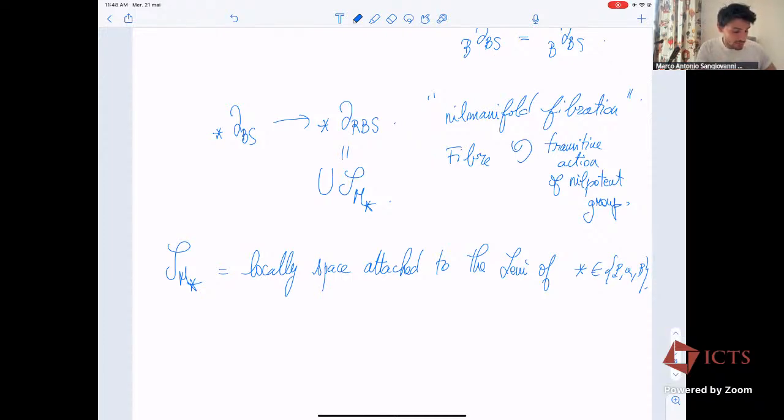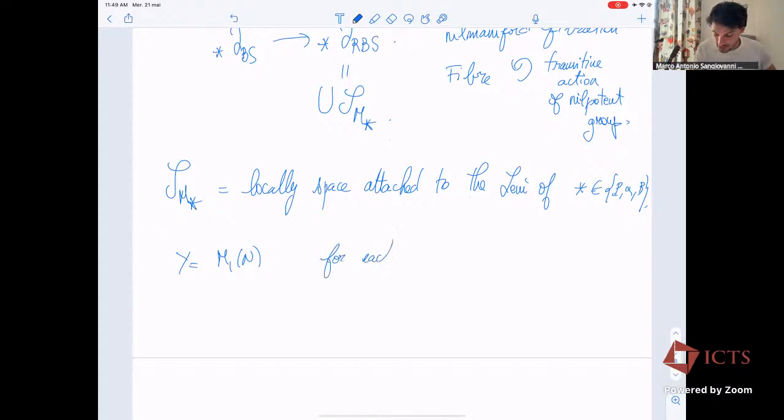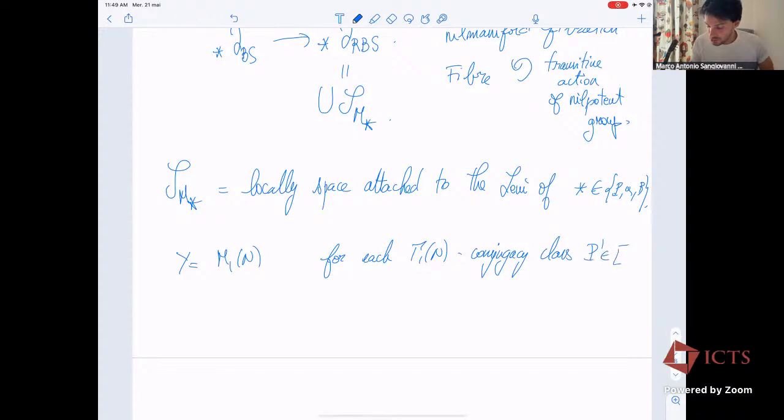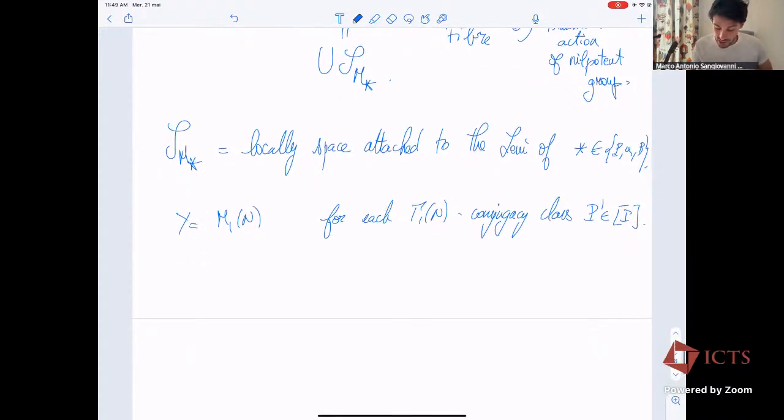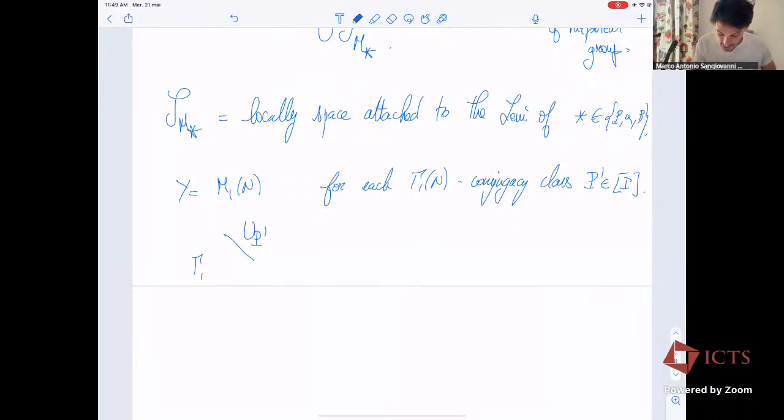So let me say what this is in the case of the boundary component for P. So let me now recall that Y is Y1 of N. So for each Gamma1 of N conjugacy class P prime belonging in the conjugacy class of P, you have the unipotent radical UP prime that is mapping modulo the intersection of Gamma1 of N with UP prime.